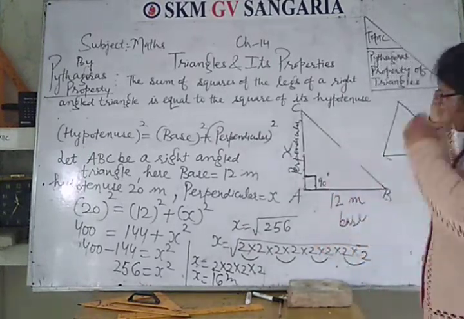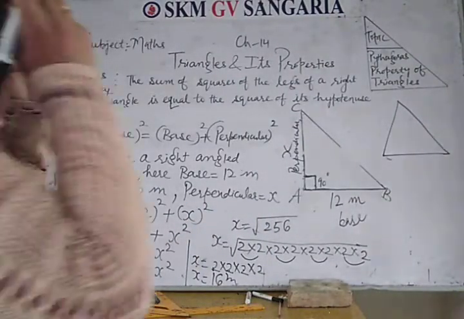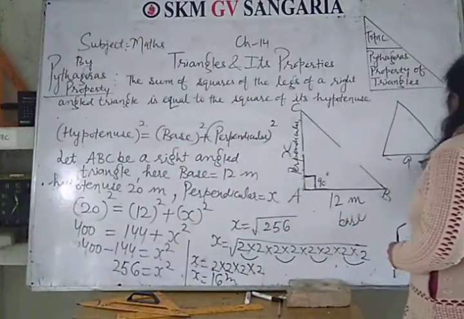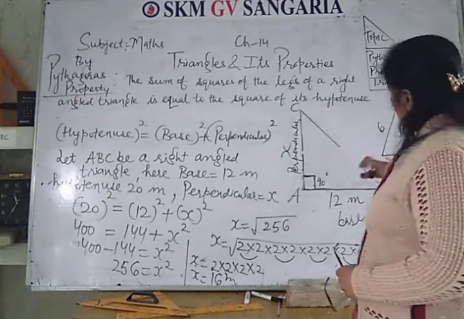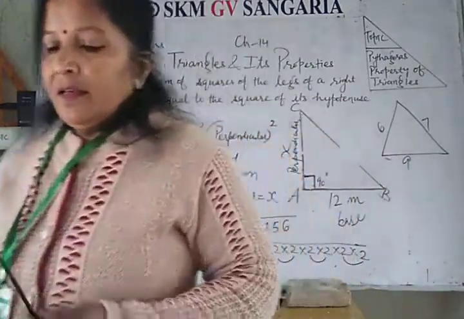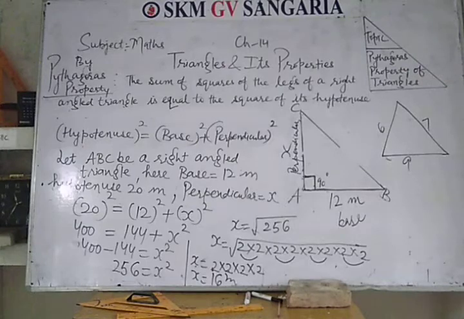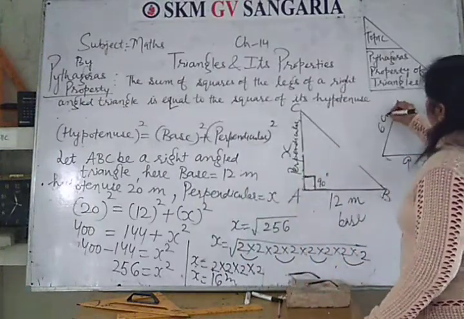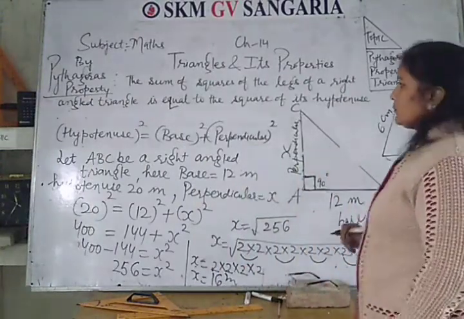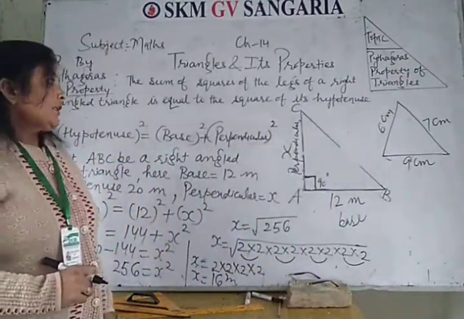The triangle has measurements given to you, and you are asked, do these lengths form a right angle triangle? The lengths are in centimeters.